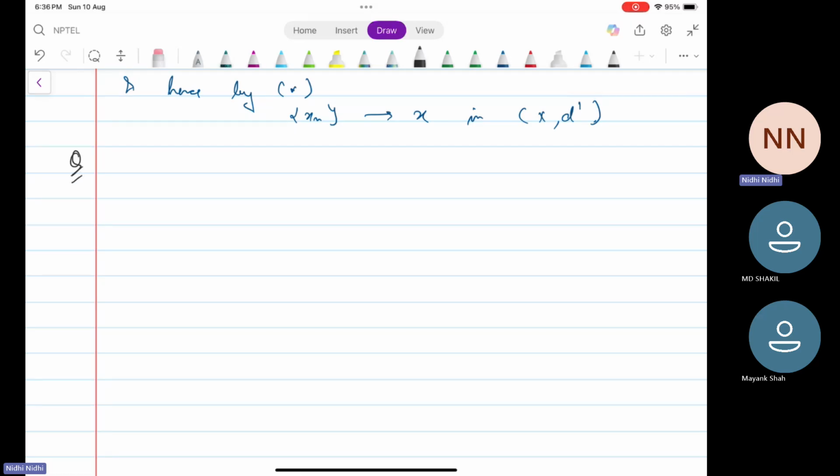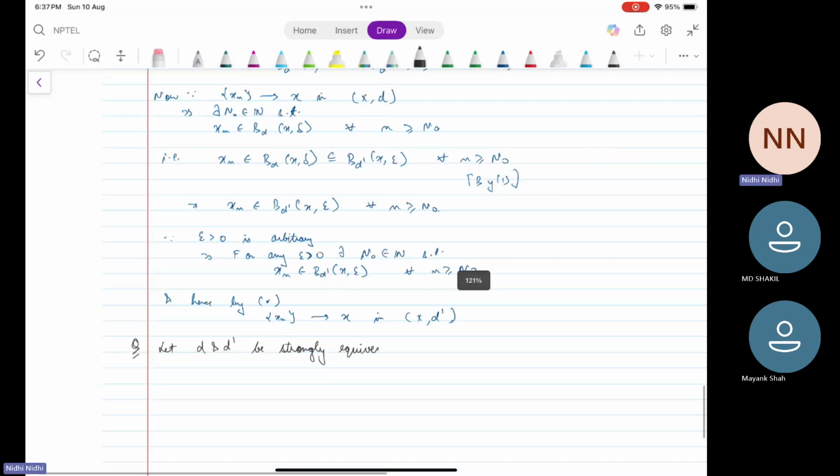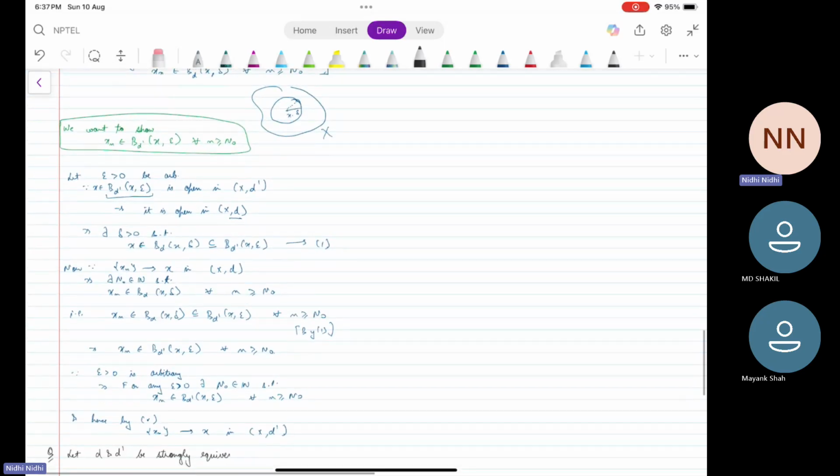Similarly, we can see that in the case of strong equivalence, let D and D prime be strongly equivalent. Similarly, I want you to try this converse part also.